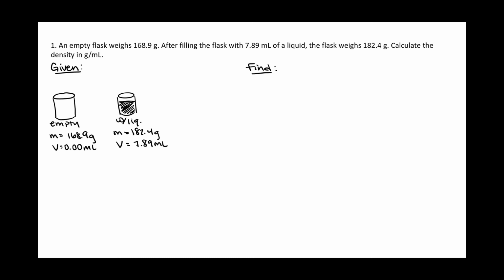This is something that we might do in a lab. In lab, what you might do is take the mass of an empty beaker, and then take the mass of the beaker with whatever you've added to it. It could be a liquid or maybe a solid if you're making a solution.